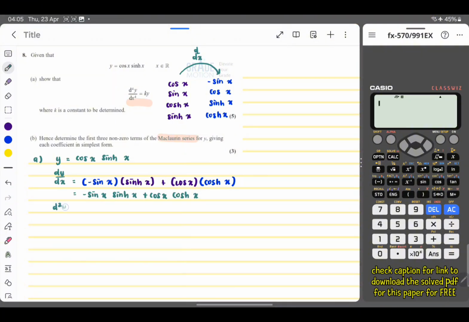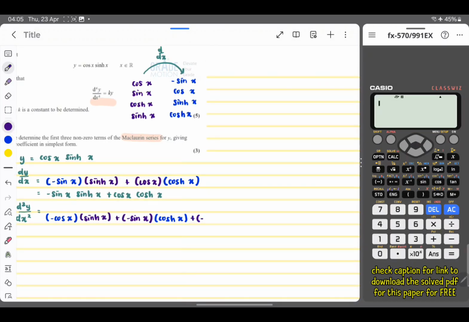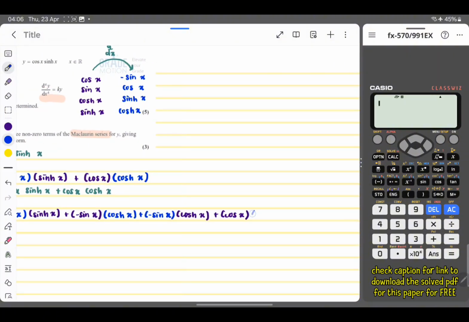We will do the second differentiation now. Okay, let's begin by differentiating negative sin x. So that would be negative cos x, copy sin x, copy negative sin x, and then differentiate sin x, become cos x. Next, we will differentiate cos x, which is negative sin x, copying cos x, and then copying cos x and differentiating cos x.